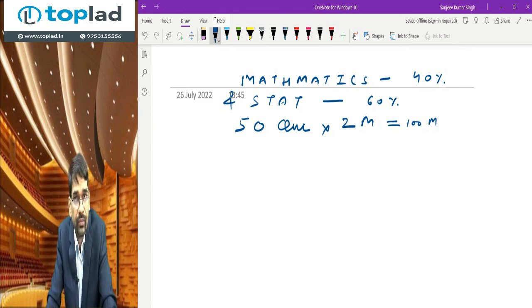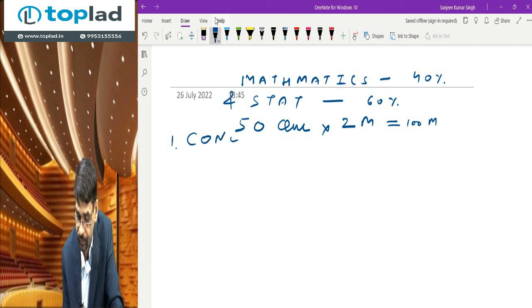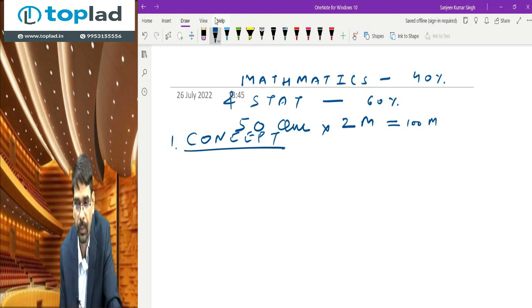So friends, in my class, basically, first of all, for the mathematics and statistics subject, the first important thing is concept.